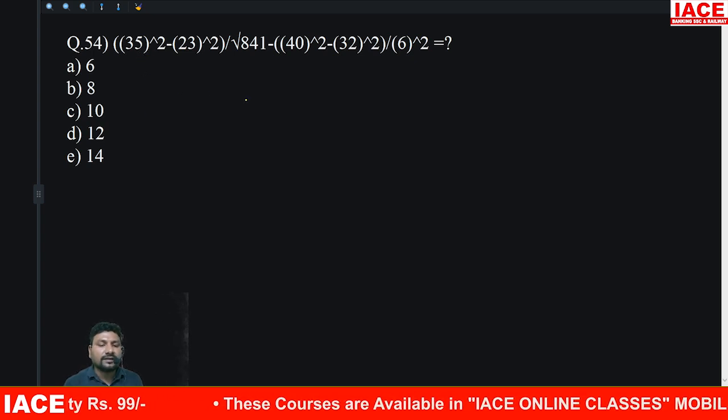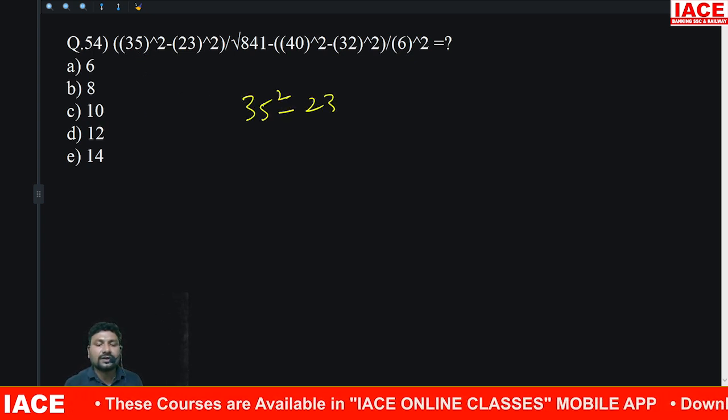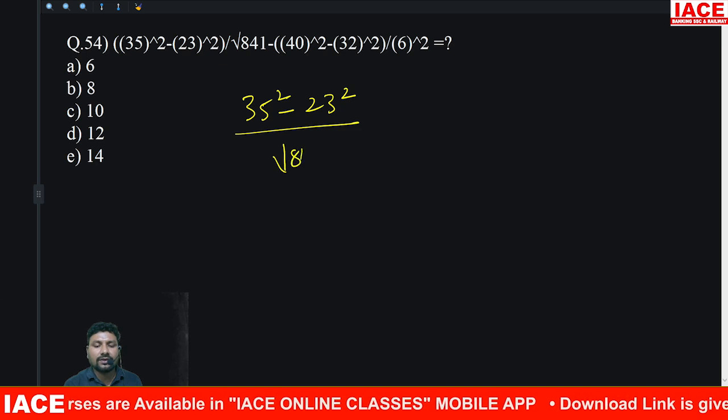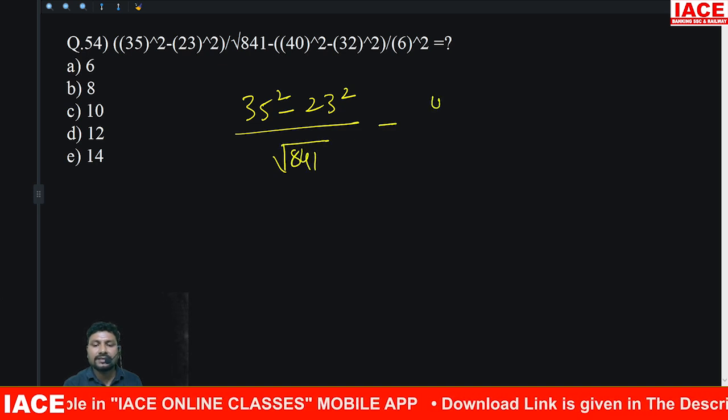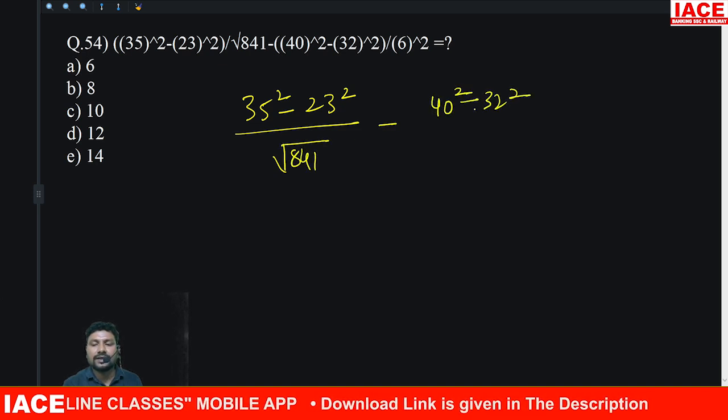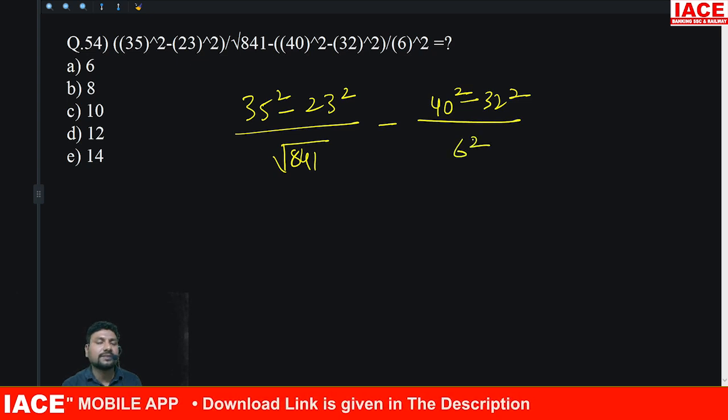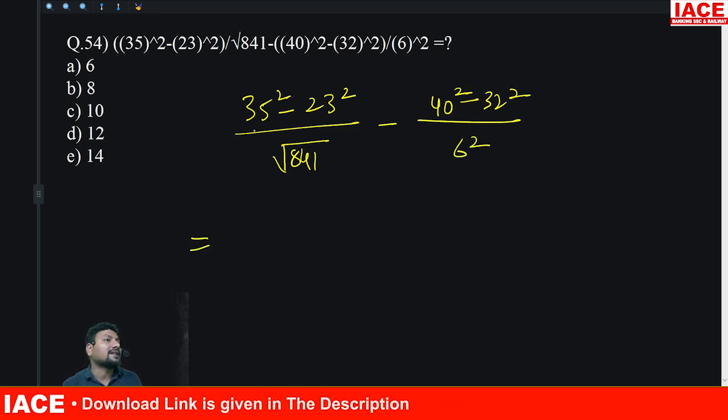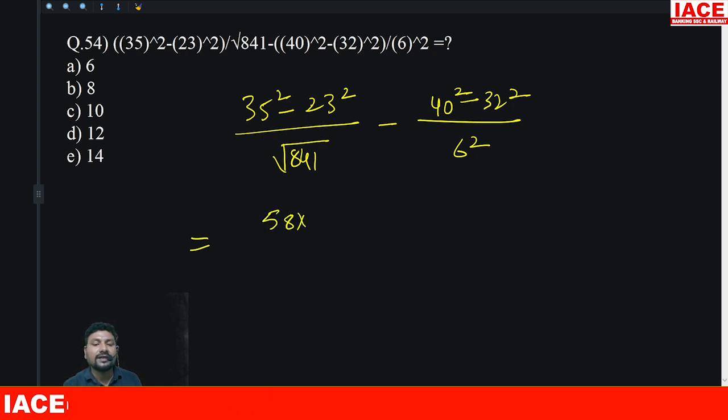35 square, this is given 35 square and 23 square under root of 841 minus 40 square and 32 square and 6 square. This is a basic question. Apply the a square minus b square formula. A plus b into a minus b. 35 plus 23, 58. 35 minus 23 is how much? 12.